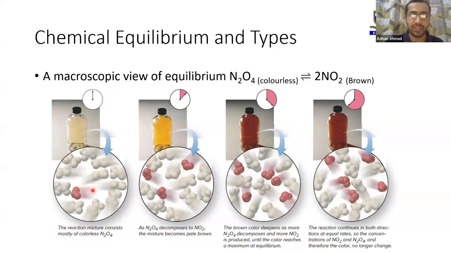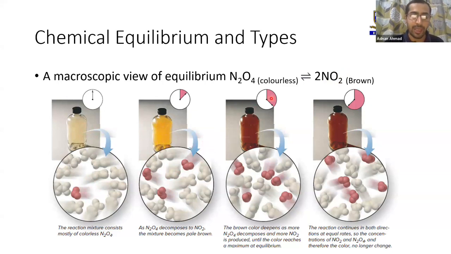Here we cannot see any nitrogen dioxide molecules, but here we have 3, right? Here we have only 1, and here we have 3. Since it is brown, you can see the color change from the colorless bottle. The reaction is changing. The product is developing, and we can see the color change.